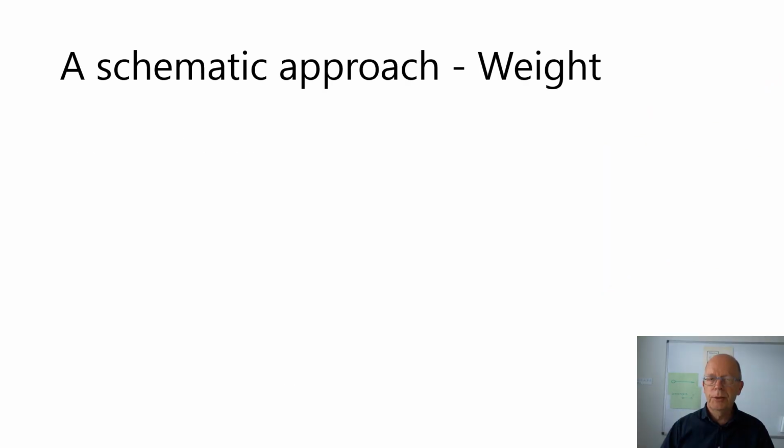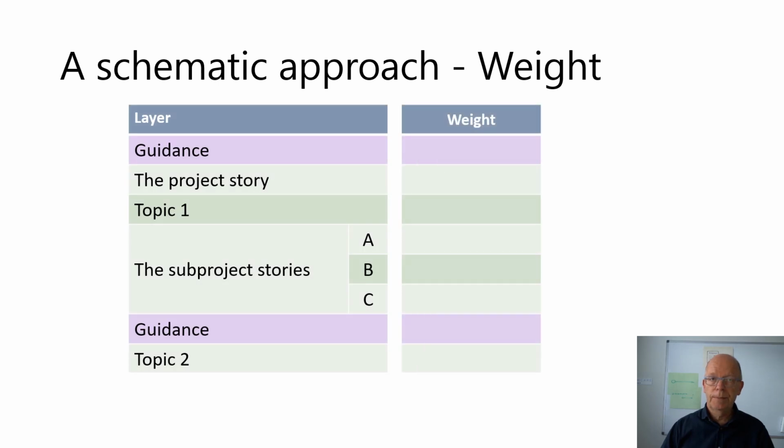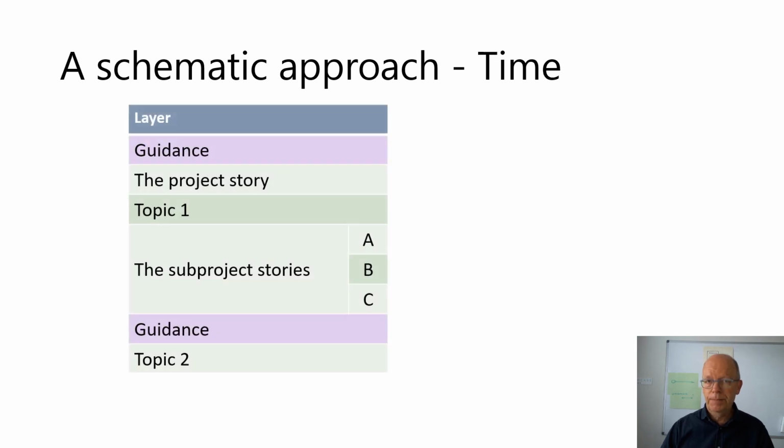I could prioritize between the different parts of my story in a schematic approach with weight: low, medium, high. However, I would prefer to have a system or way which is more operational. Therefore I use time. It's the same approach.